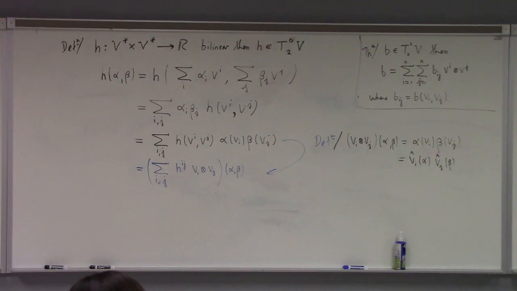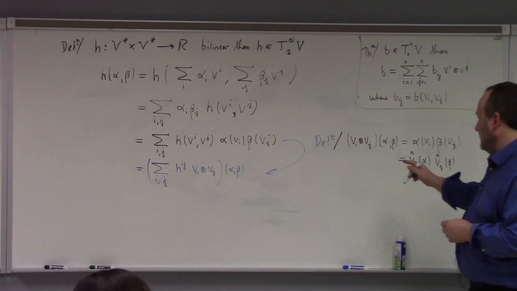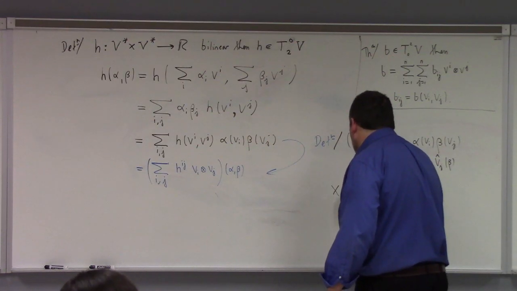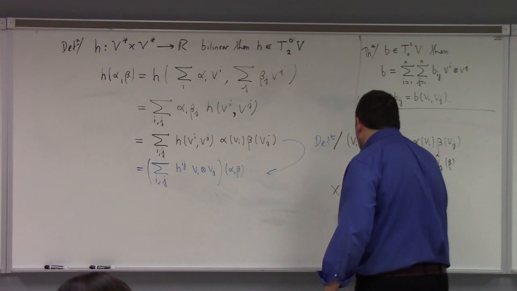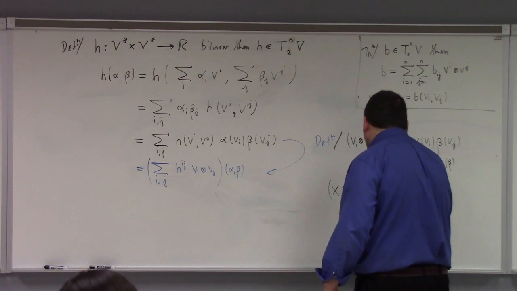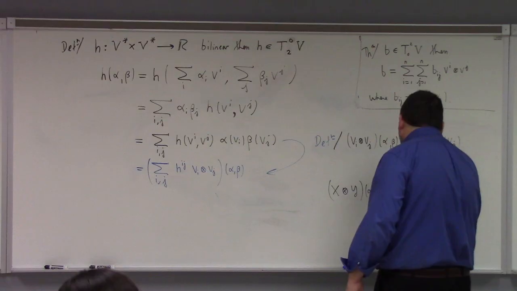So you could look at it that way. But anyway, the point is we define, and more generally, if you've got a vector x and you take a tensor with a vector y, that acts on a pair of dual vectors according to this rule, okay?